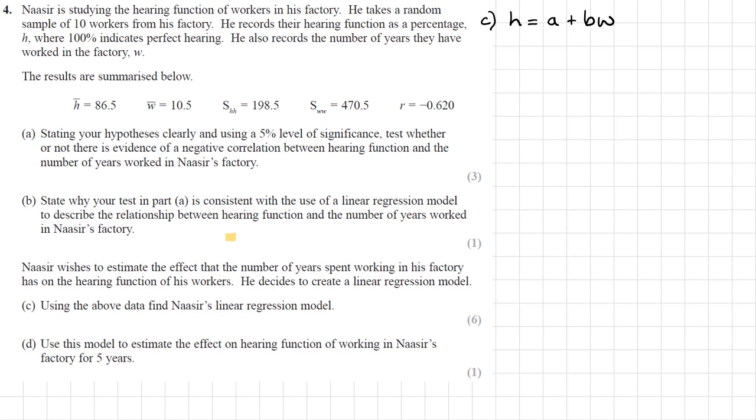So we're going to start by calculating b. Now in the formula book it says the way that we calculate b is Sxy over Sxx. So if we replace x and y, remember the w was x and the h was y, we get Shw, or Swh, just put them in alphabetical order, over Sxx, and that's going to be Sww.